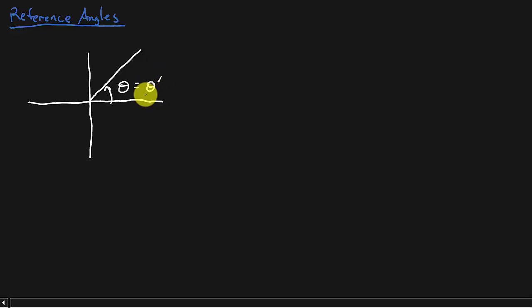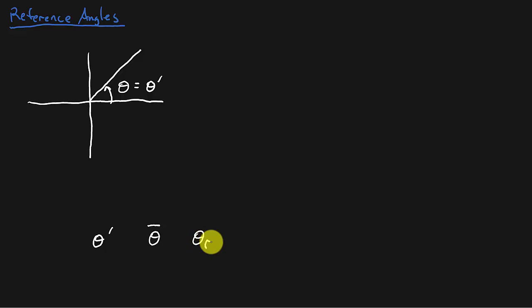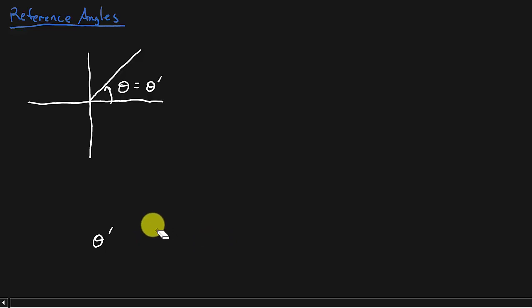Another way, I've seen it with a line over it. That means reference angle. And I've also seen it where it has a subscript R. Okay, there may be some other ones that I haven't seen, but different books will use different symbols to represent reference angle. But for this video, we're going to use this notation here to represent a reference angle.